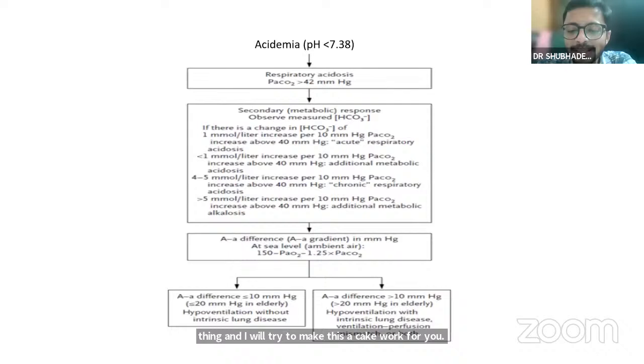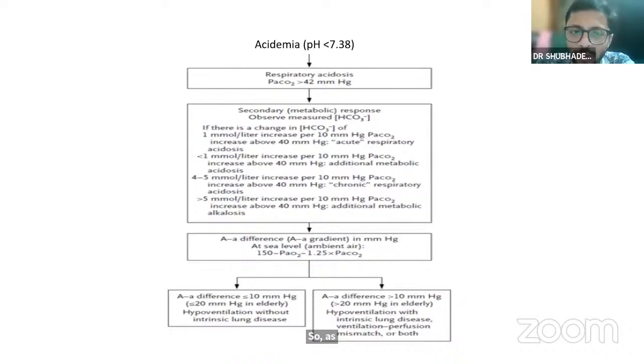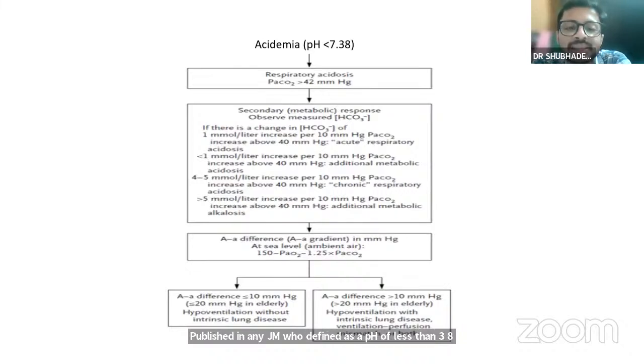As you might have already come across this table, let me just walk you through it. When we see a pH of less than 7.38, this is adapted from a landmark paper published in NEJM, which defined acidemia as a pH of less than 7.38. You often find a pH of less than 7.35 being defined as acidemia.